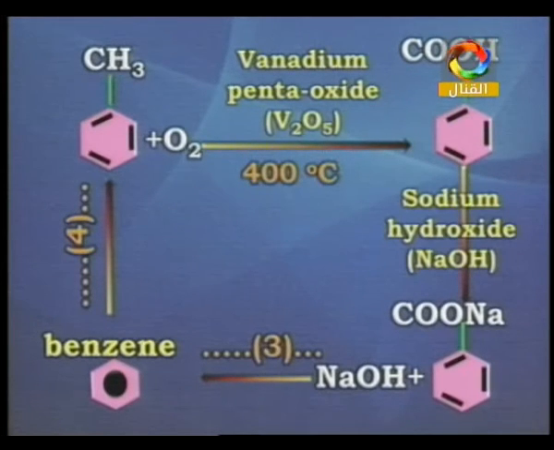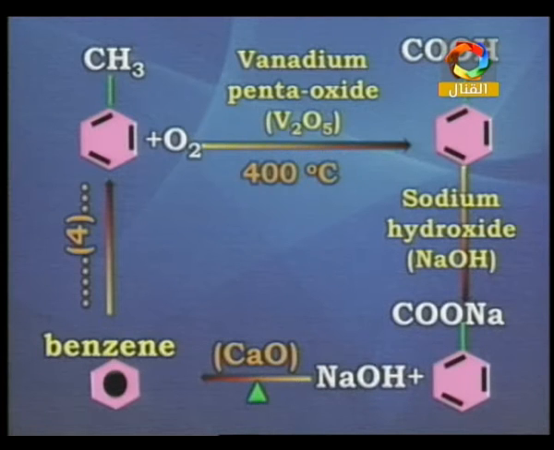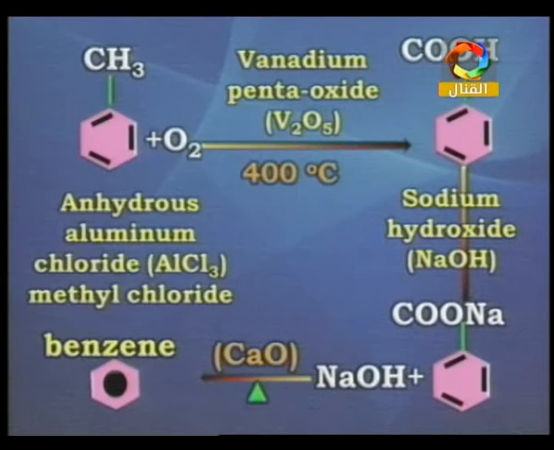Number 2, here sodium benzoate is formed when sodium hydroxide reacts with benzoic acid. Number 3, here on dry distillation of sodium benzoate, it gives benzene in the presence of calcium oxide as drying agent and to decrease the melting point of the mixture. And 4 is anhydrous aluminum chloride, AlCl3, and here the Friedel-Crafts alkylation occurs.